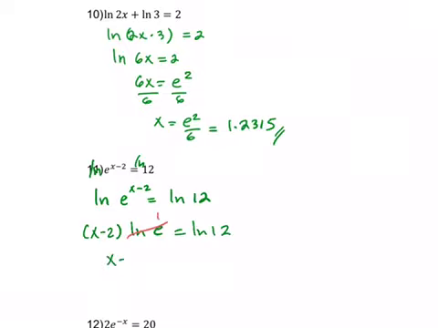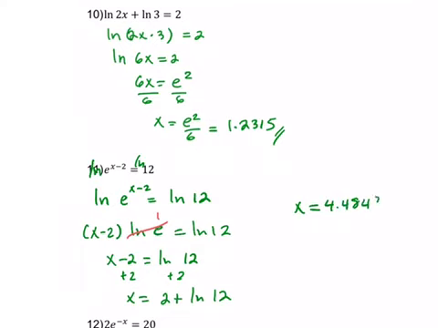So I have x minus 2 equals natural logarithm of 12. So I'm going to add 2 on both sides. So x equals 2 plus natural logarithm of 12. Now I'm going to go to my calculator, 2 plus natural logarithm of 12. So it's 4.4849.